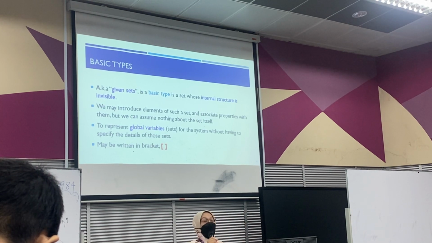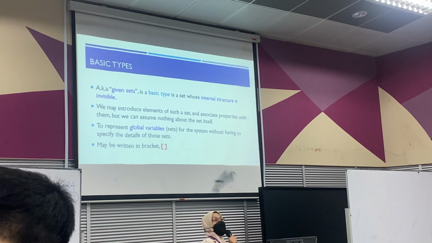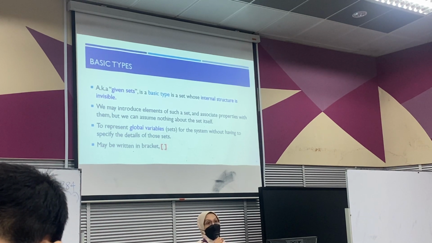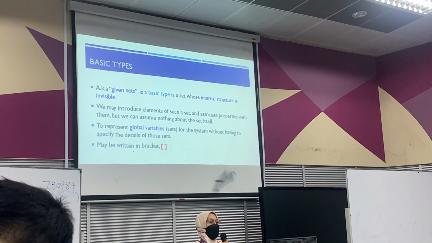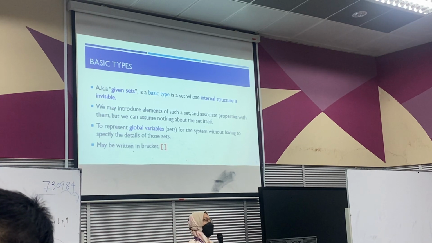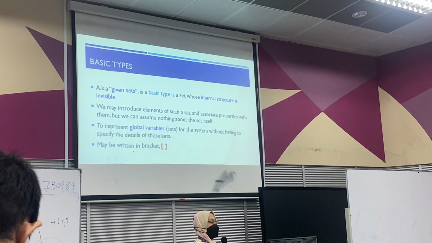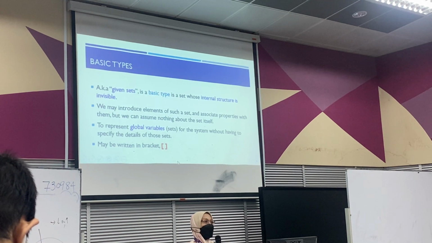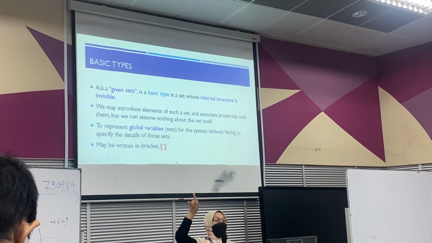Those are string data. So how to represent string data? We are going to use basic type. In our Z schema, to represent basic type, we use opening and closing square brackets.